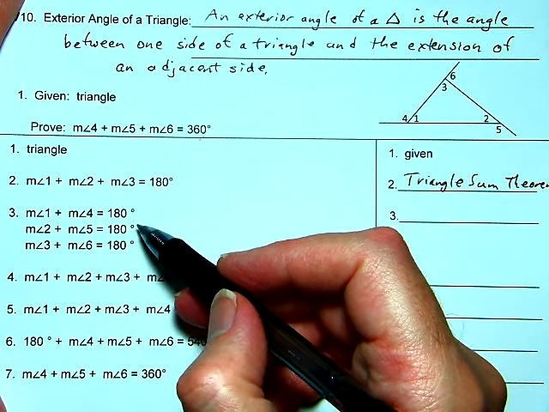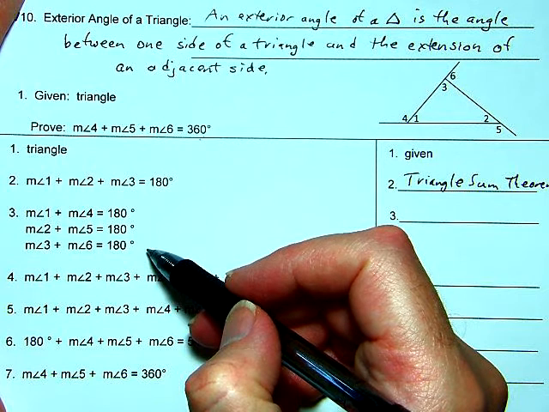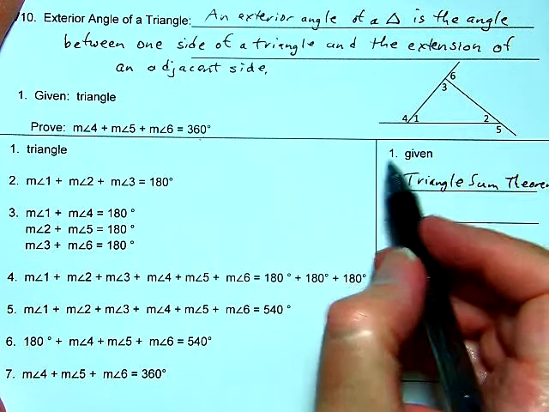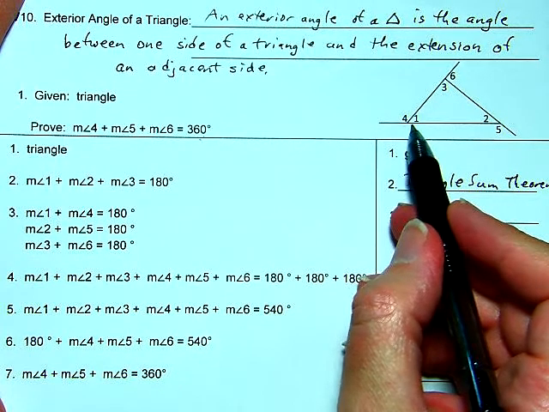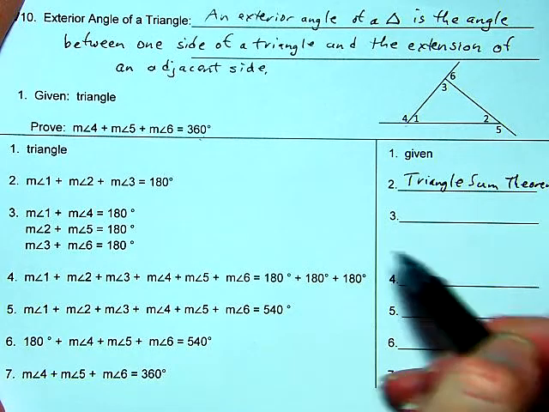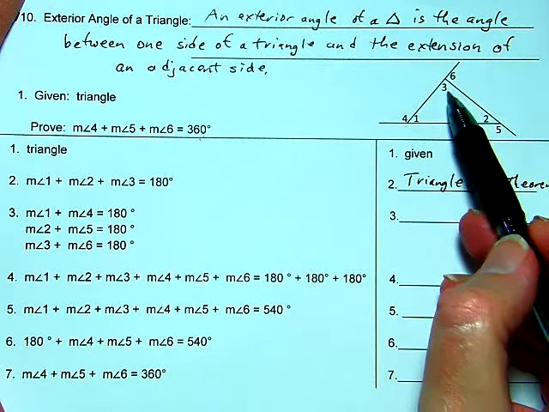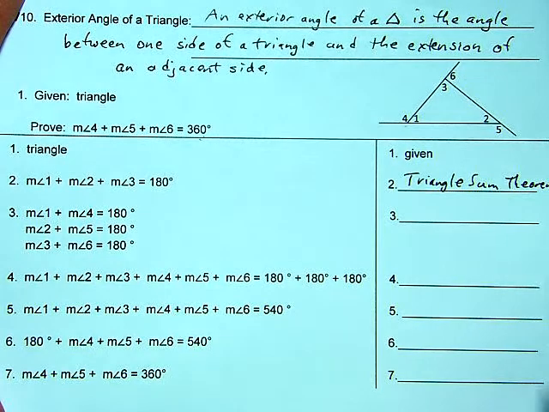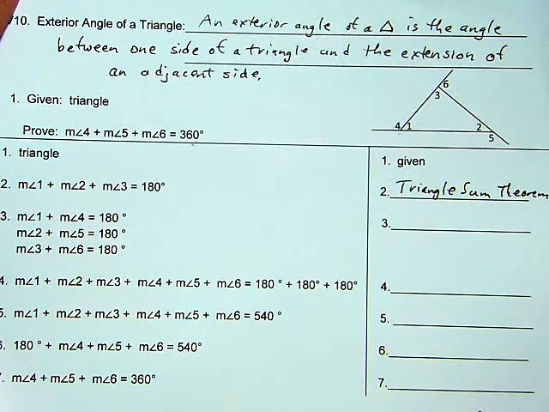Now, the next three statements all have the same reason. The measure of angle 1 plus the measure of angle 4 is 180. The measure of angle 2 plus the measure of angle 5 is 180. And the measure of angle 3 plus the measure of angle 6 is 180. And you'll notice those are all linear pairs.